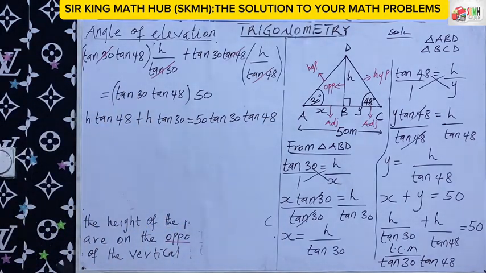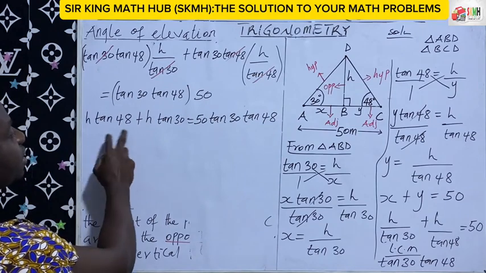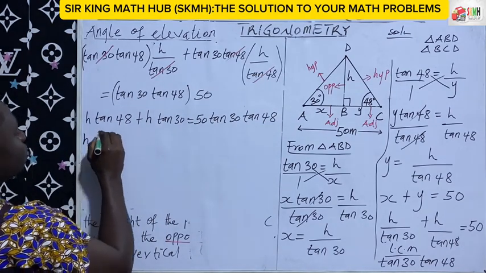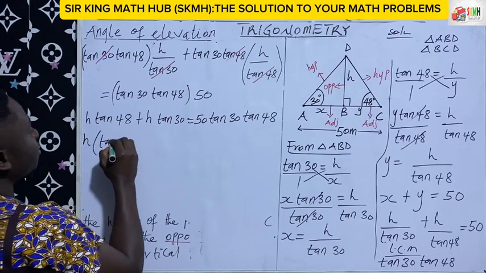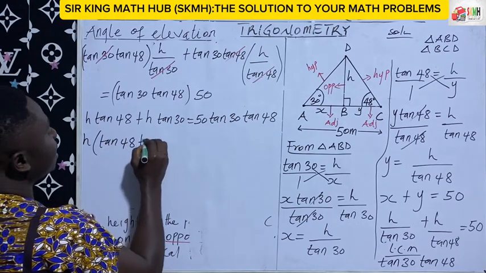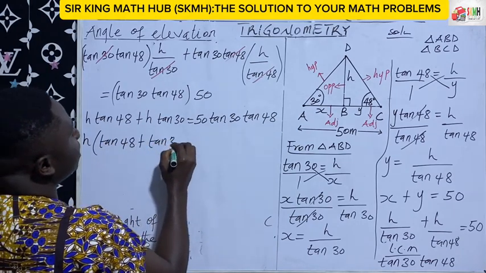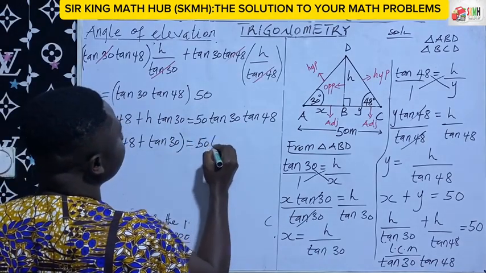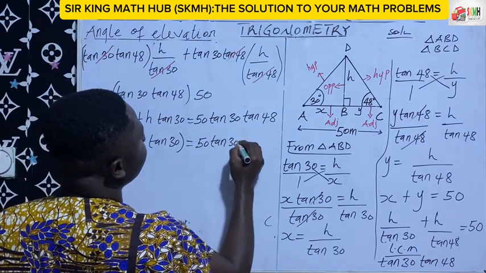So how do we solve for h? We see that we have h as a common factor here, so let's factorize h out. We'll be left with tan 48 plus tan 30, and everything should be equal to 50 tan 30 tan 48.